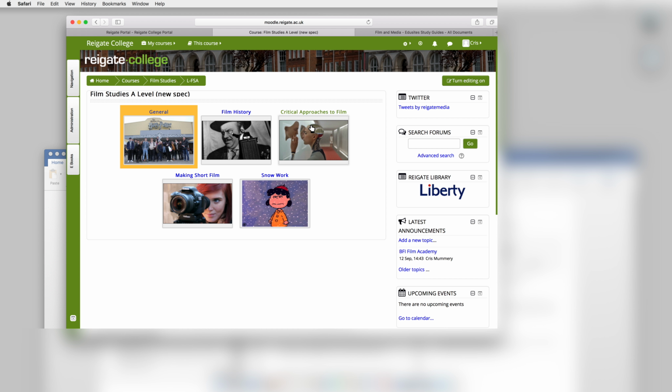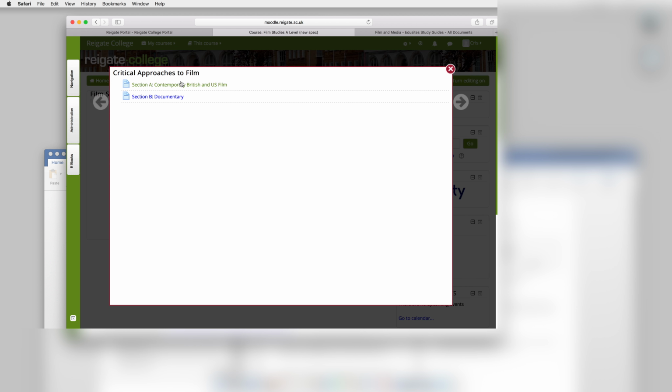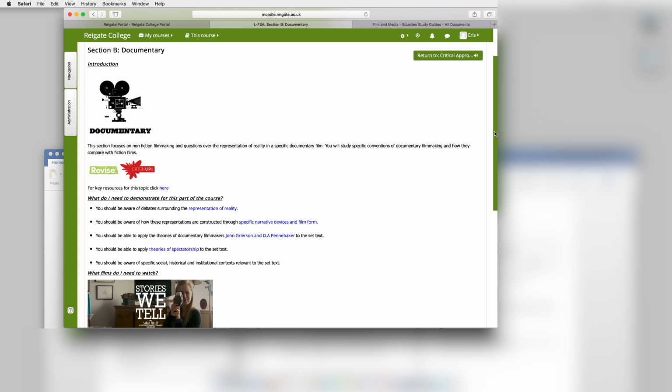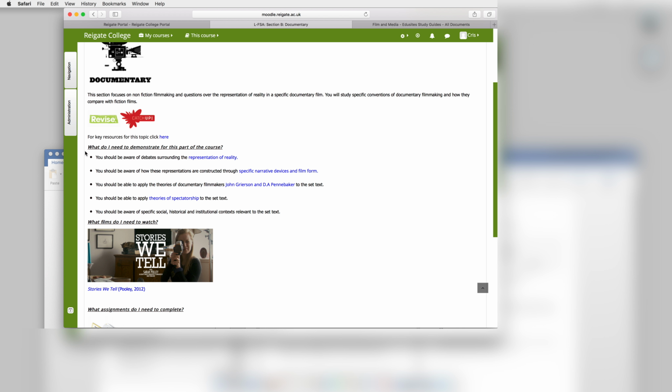Now, if we go to critical approaches to film, obviously this is not being assessed in the progression exam, but Section B is. So with documentary, again, you've got links to the key resources. With both pages, what do I need to demonstrate for this part of the course? This section gives you an overview of the sorts of things you could be expected to discuss in the progression exam and also, of course, in the final exams next year.